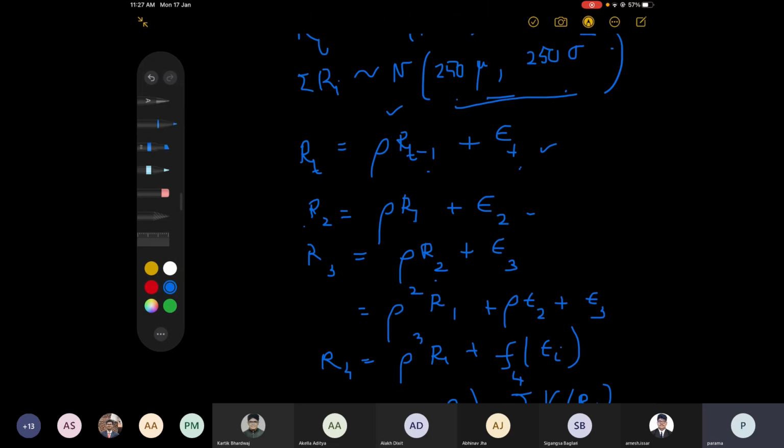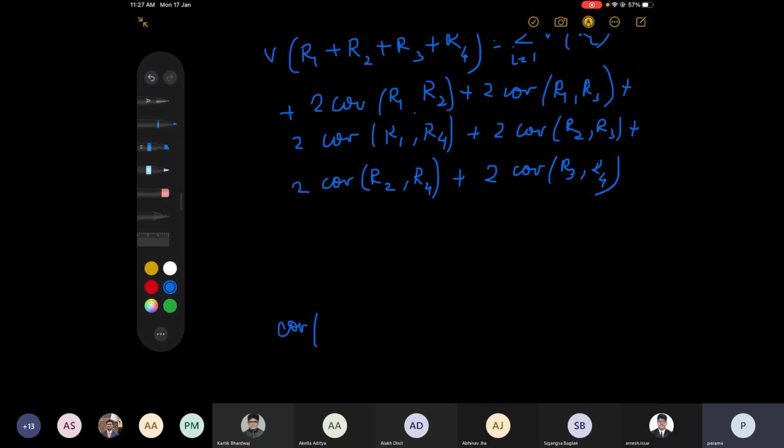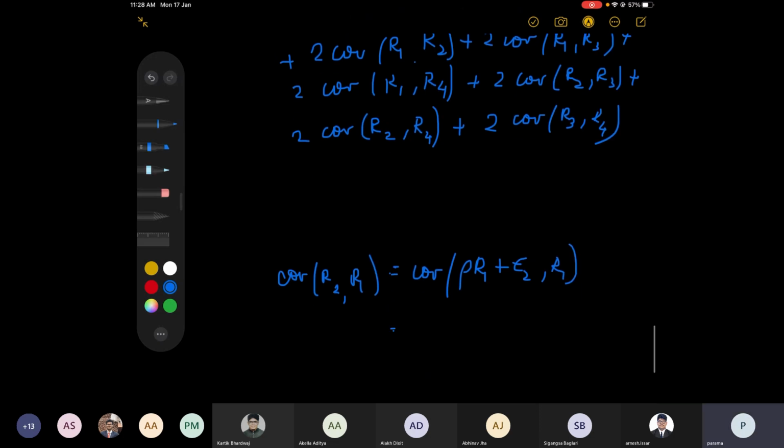Covariance between R2 and R1 is nothing but covariance between rho R1 plus epsilon 2 and R1.